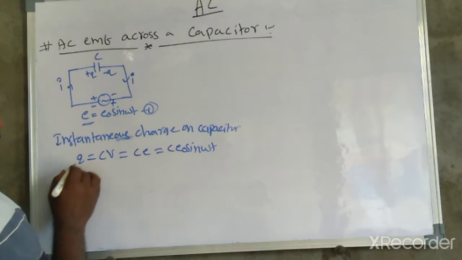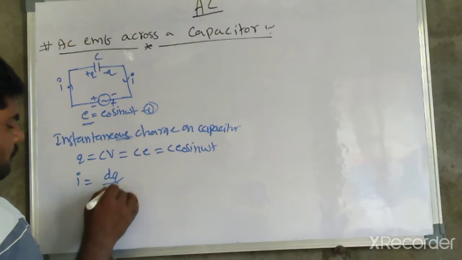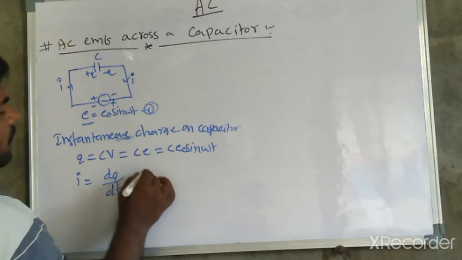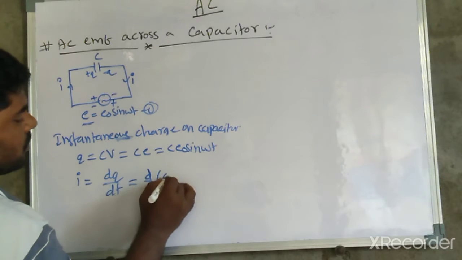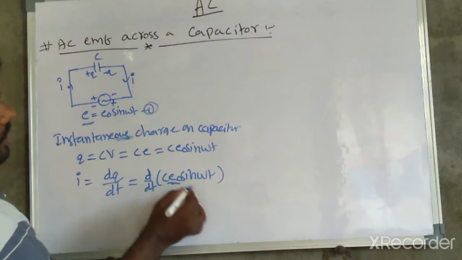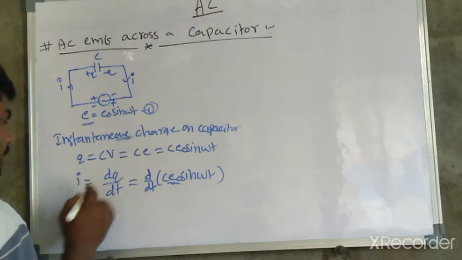Now current is the rate of change of charge, so I is d by dt of C into E naught into sine omega t. C into E naught is constant, so it can be taken out of the differentiation.